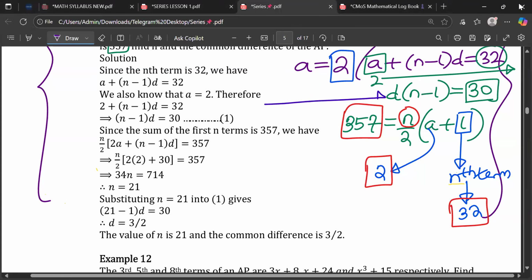Do you see that big arrow? When I substitute for the value of n, I can get the value of d because I've used this to obtain n. Do you see that?